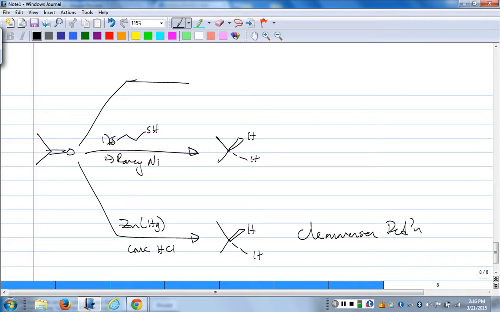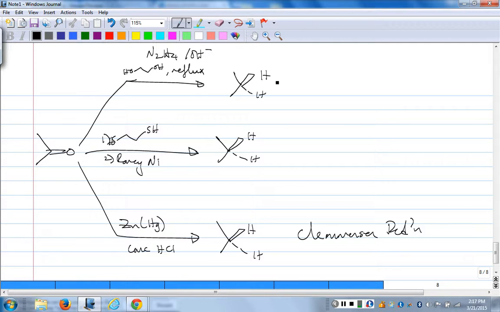But there's another one that actually uses, first of all, hydrazine in the presence of base in ethylene glycol, under reflux. And what that generates is exactly the same product.